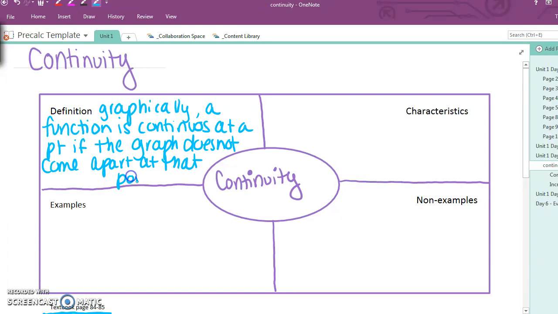In other words, under the characteristics, when you draw your graph, you don't pick up your pencil. So when you draw the graph, you don't pick up your pencil. That's a graph that's continuous.